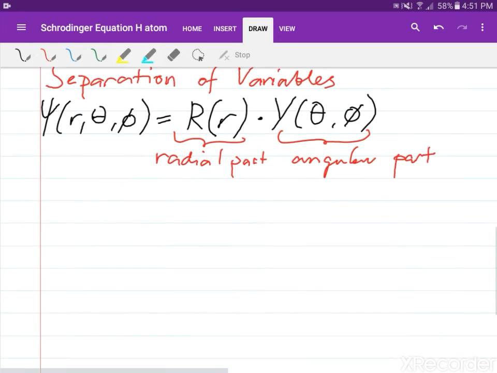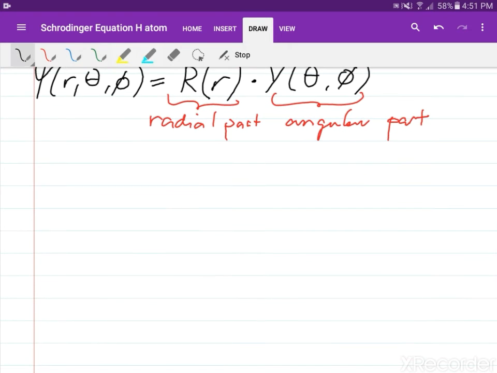Okay, so let's write our Schrödinger equation now with the Laplacian acting on our wave function.